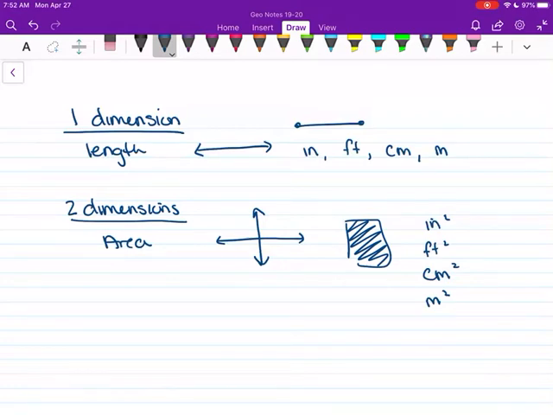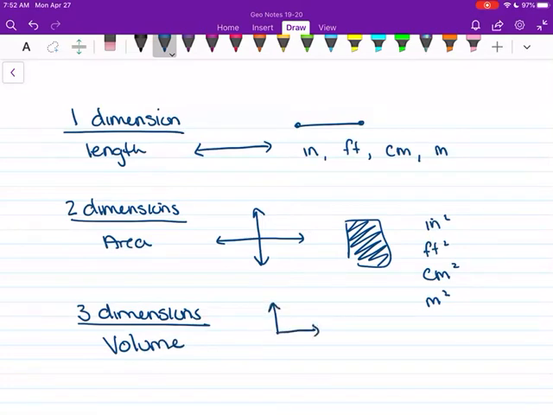And then our last one is 3 dimensions, and this is volume. When we have 3 dimensions, we have the left and right, the up and down, and now we get this other one that makes it 3-dimensional.